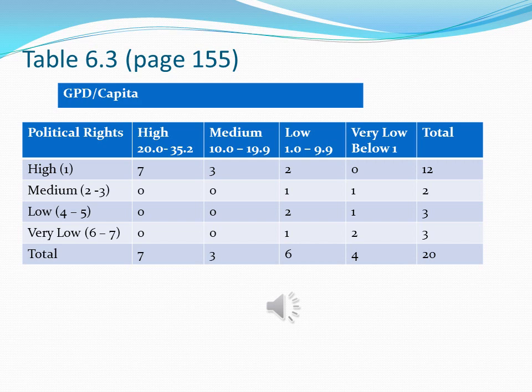Now for the medium, which is 10.0 to 19.9, it's 3 plus 0 plus 0 plus 0 equals 3. And for the low, which is 1.0 to 9.9, it's 2 plus 1 plus 2 plus 1 equals 6. The very low, which is below 1, working down, is 0 plus 1 plus 1 plus 2 equals 4. And that's how those are read. On to the next slide now.